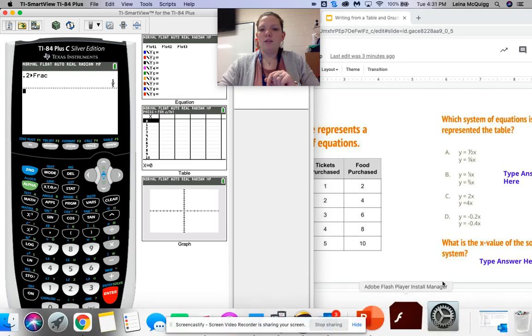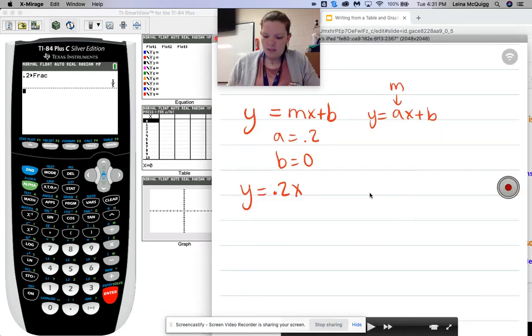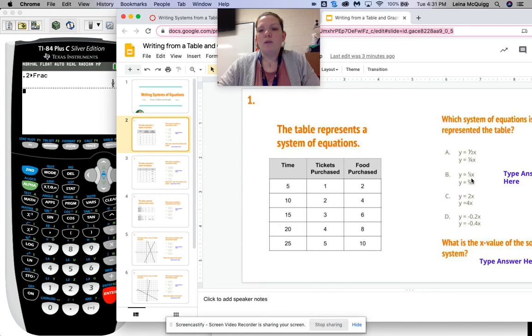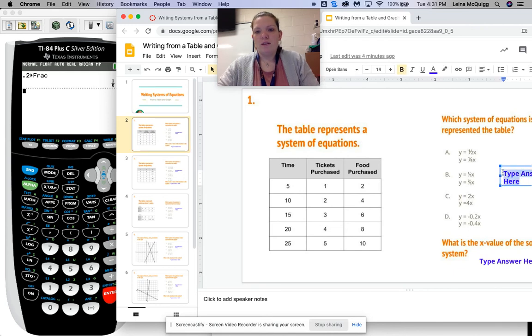So my equation over here is actually y equals 1/5 x. Looking at the answer choices, the only one I have is B. So my answer is B.